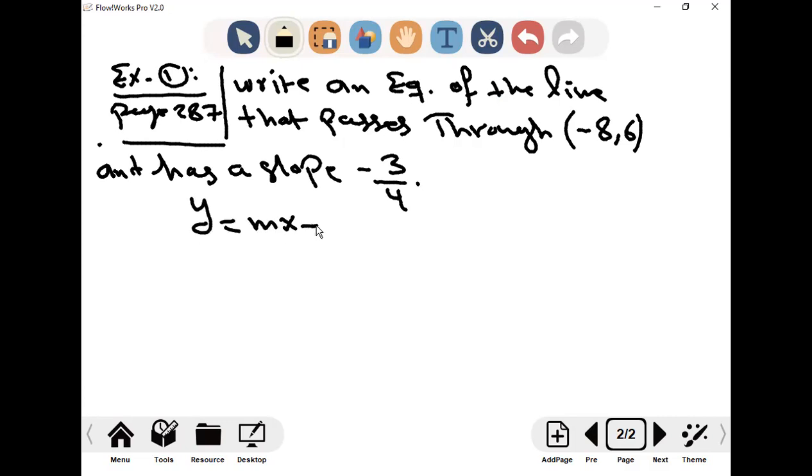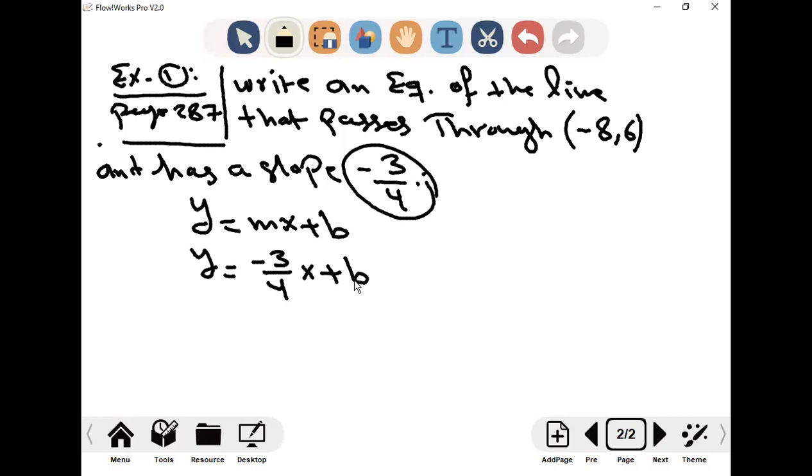mx plus b, right? M is given. Replace m by its value, so y equals 3 over 4 x plus b. Now I will use this point to find the value of b, right?